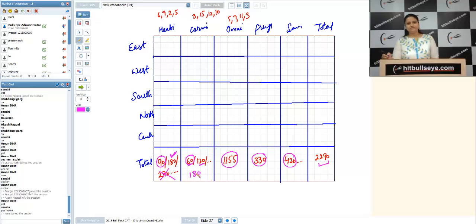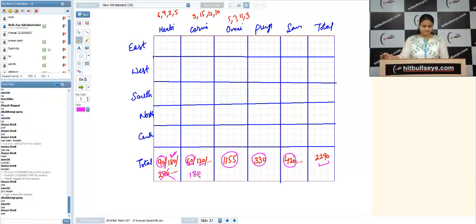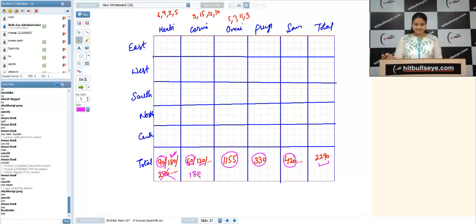Similarly, 1155, that is the only possibility. 330, that is the only possibility. 420, that is the only possibility. Once again, because taking their multiples will be beyond range. Any problem in this? Is it okay with you? So for herbivorous, there are only two possibilities, 90 and 180. For carnivorous, there are three possibilities, 60, 120 and 180. For omni, this is 1155. For frugi, 330. For sanguini, this is 420.